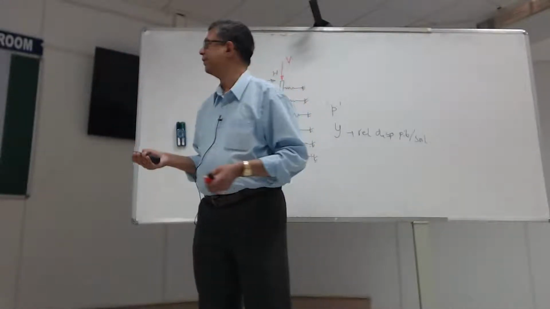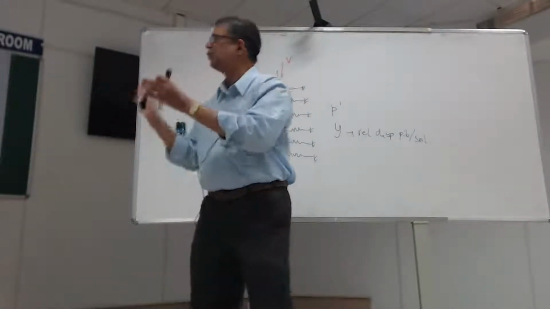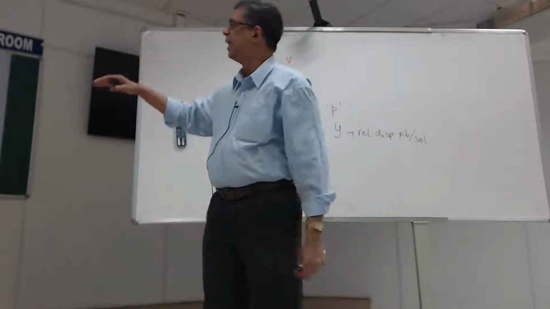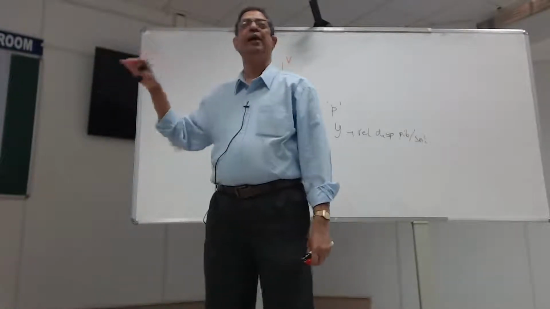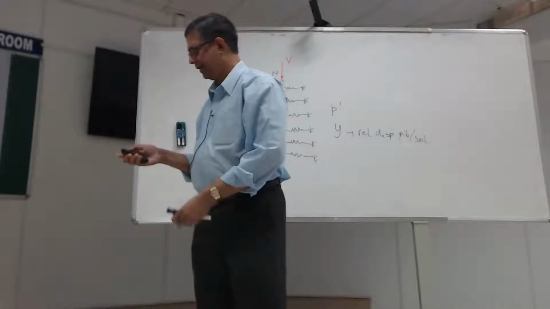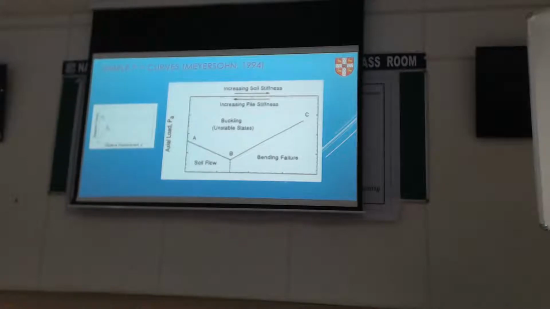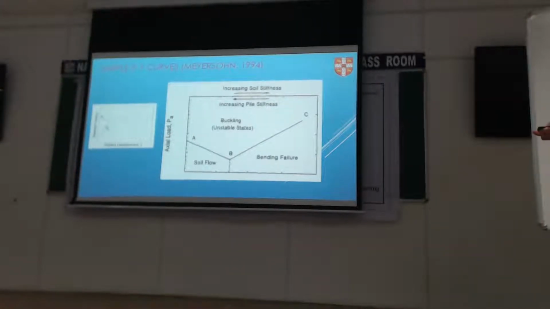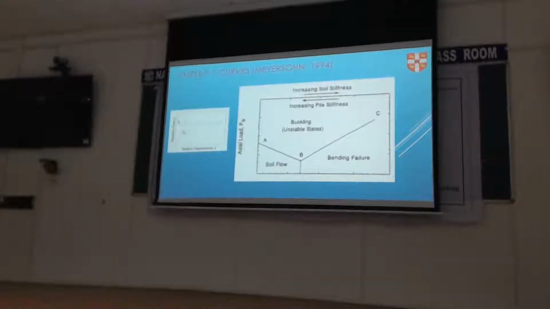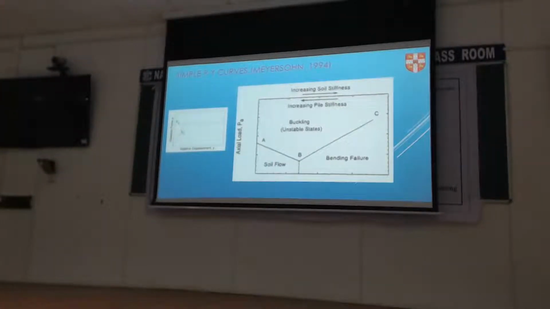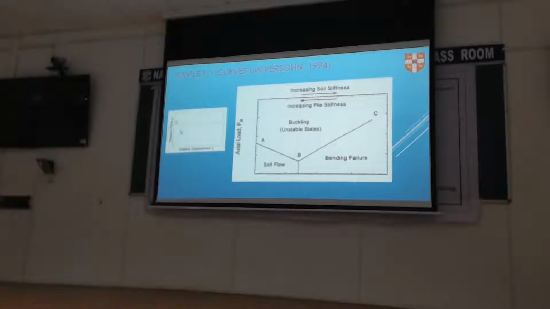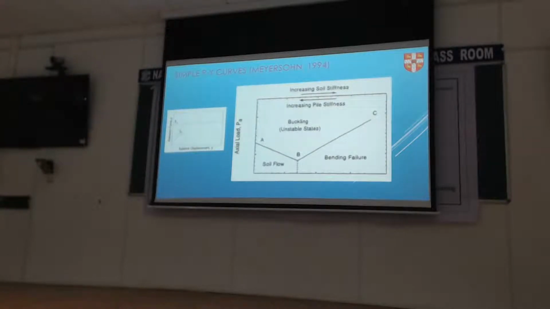It's an instability. So that's one zone where with very high axial load, you will enter that particular region here. Now, if your pile stiffness is low, obviously you have more chance of buckling. And similarly, if your soil stiffness is increasing, then the pile is more likely to fail quickly.